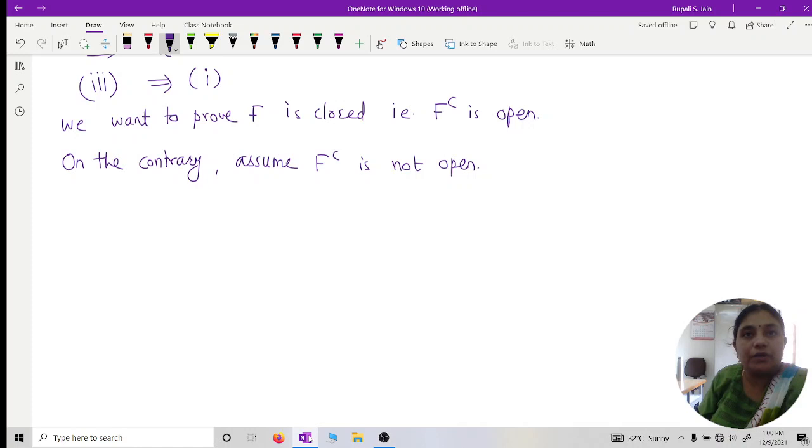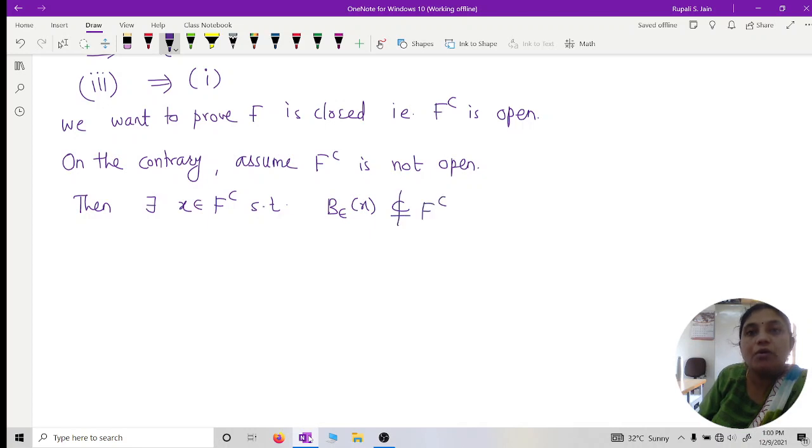If F complement is not open, then there exists x belonging to F complement such that B_epsilon(x) is not contained in F complement for every epsilon greater than 0.